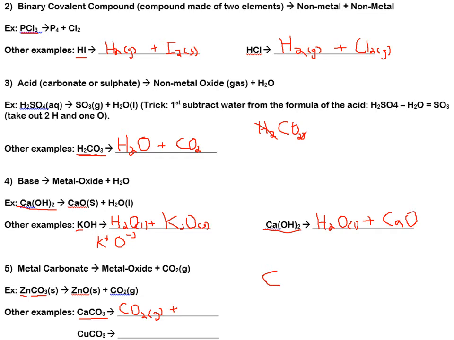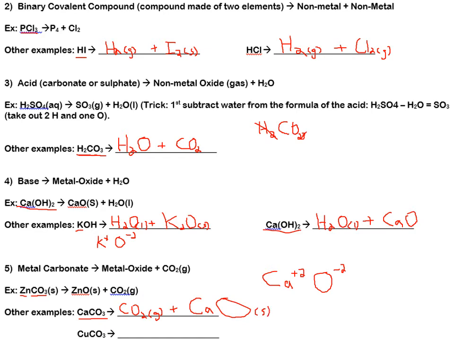So the metal over here is calcium. The oxygen is minus 2. If you crisscross it or charge balance it, you get CaO. So you get the metal oxide and some carbon dioxide. And usually the metal oxide will be in the form of a solid.